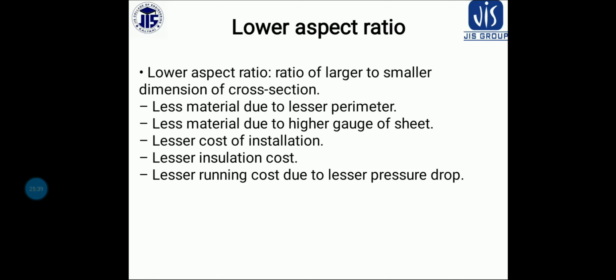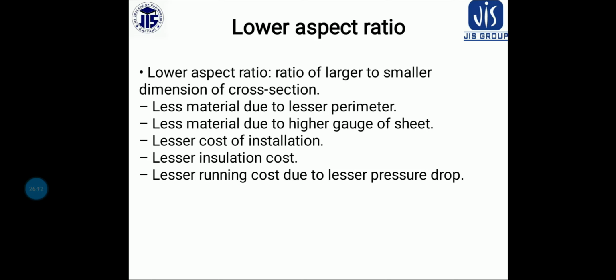Thus, this aspect ratio is an important factor to be considered in the design of the duct, because if the material required and the operating cost increase, then it is not suitable for better output.